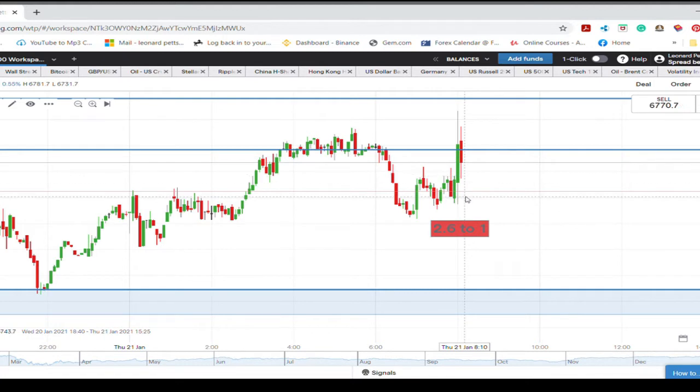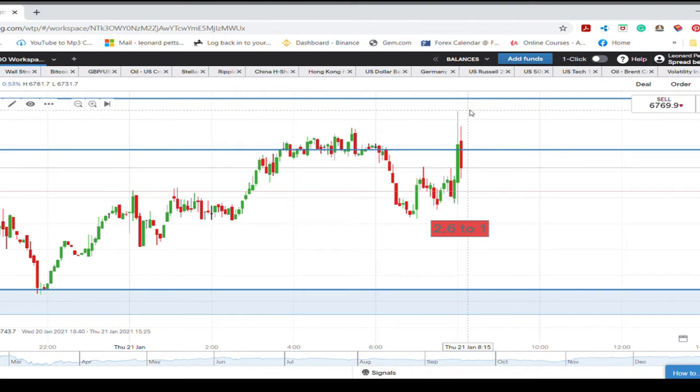This is more conservative. So you can take the 5-minute candle, and when it breaks below, you can sell with your stop just above, like we've done. But that's a more conservative, risk-free trade. I've been quite aggressive, and I took it on the minute candle.